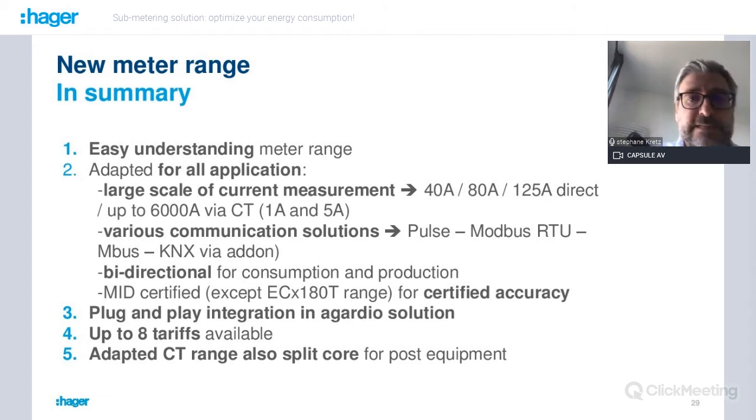And it's also adapted for retrofit, thanks to our new split core current transformers. So with this, I think you are prepared to answer all your needs linked to your metering plan and what I said just before.